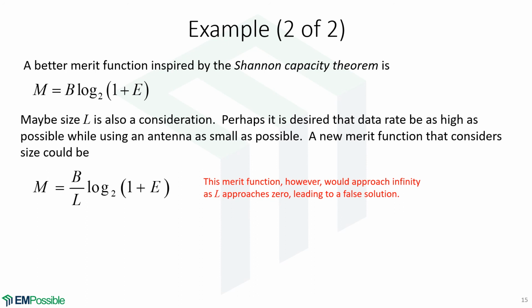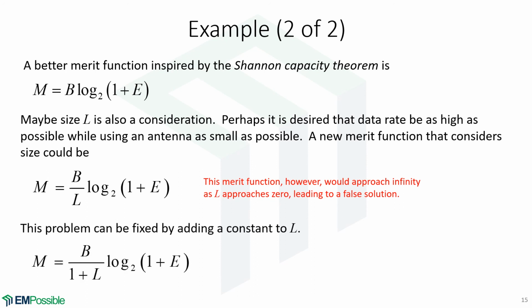And that's probably not a design that we would like to get. So this is not a sufficient merit function, simply because putting L in the denominator like that can lead to false solutions. So what I chose to do was add 1 to L. So now L could even go to 0, but the denominator does not go to 0. And that still listens some to the bandwidth and efficiency.